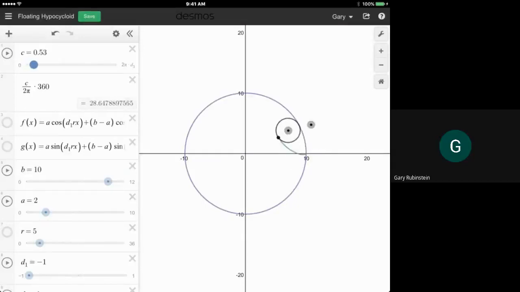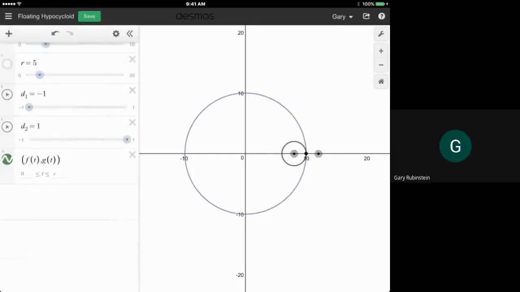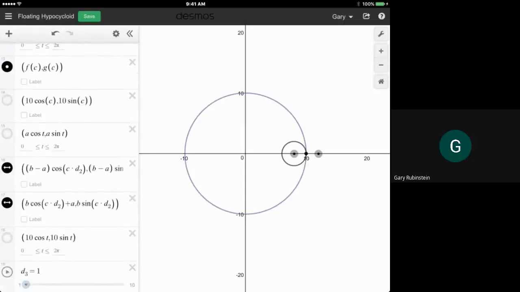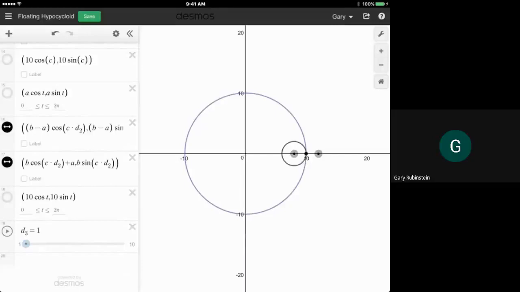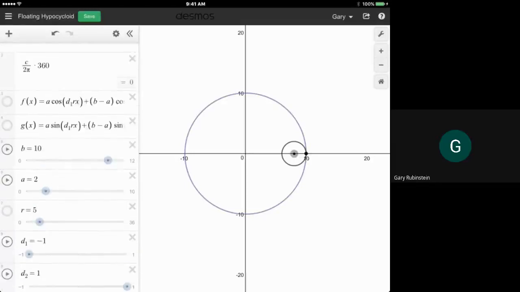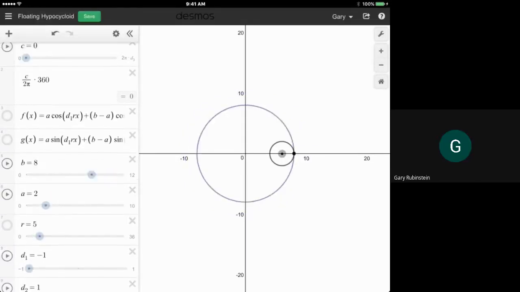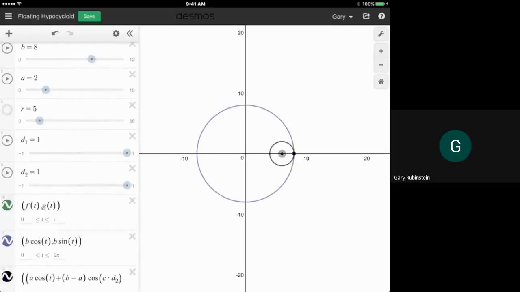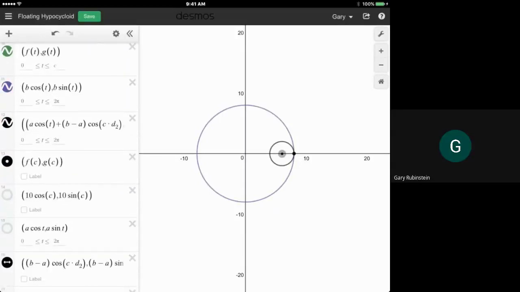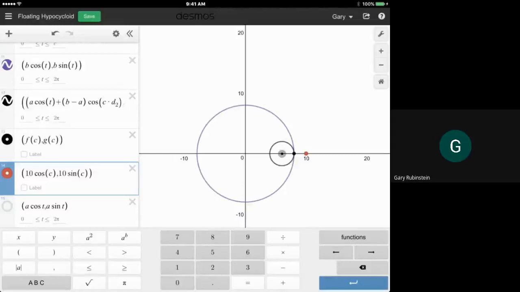Okay, that's not the point that I want. Sorry, everyone. There is a point somewhere. It's not 10. Maybe it's that. I see. If I could change that to 8, it would be okay.